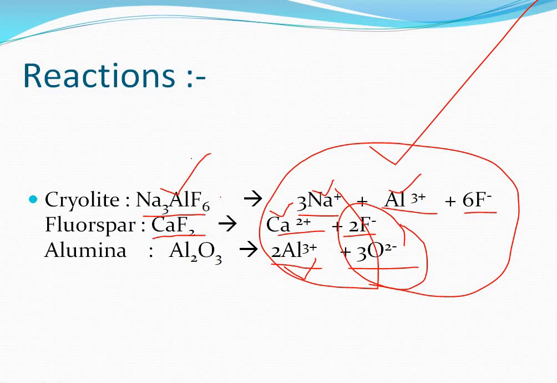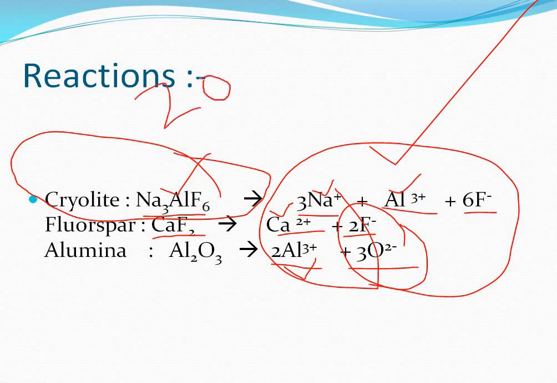If we are not using this cryolite, then the temperature for the fusion of alumina is very high, that is 2050 degrees Celsius. So we want to decrease that temperature, because it becomes very hard to handle a high temperature. After using this cryolite as a mixture substance, the temperature will reduce to 950 degrees Celsius. So the conductivity of the substance is enhanced, right?